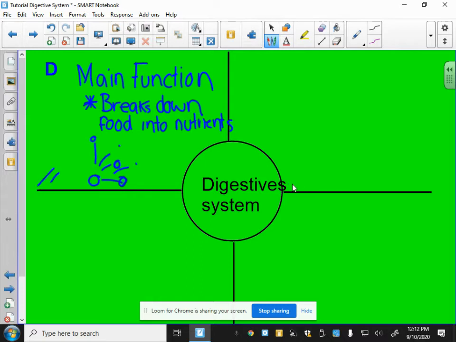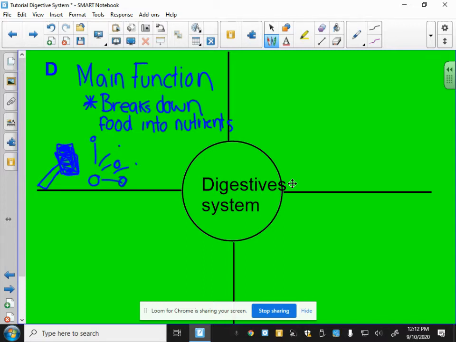And what I see in my brain, like if someone were to smash it with a ginormous hammer, then this is going to represent something being broken down into smaller pieces, because that's what the digestive system does, breaks down food into nutrients.